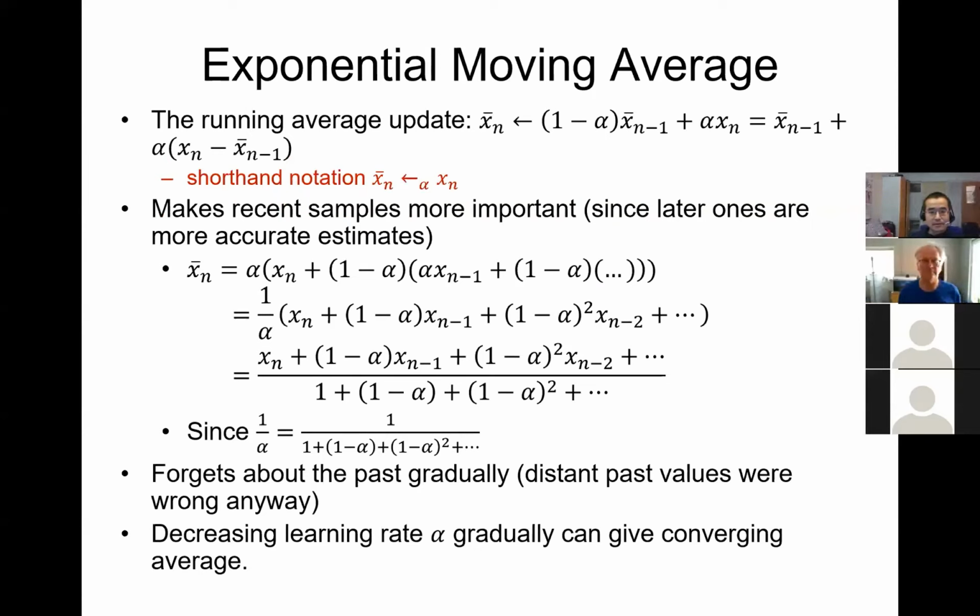You can define a weighting factor alpha, and every time a new measurement comes in, you weight it by alpha and the old value by 1 minus alpha. Or you can rewrite it in this form.